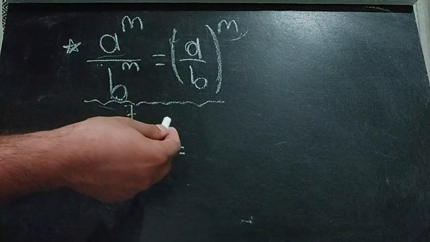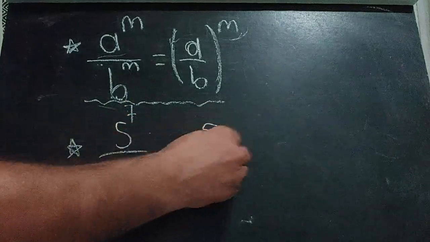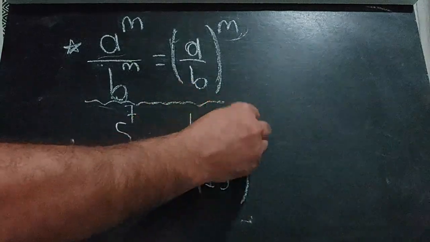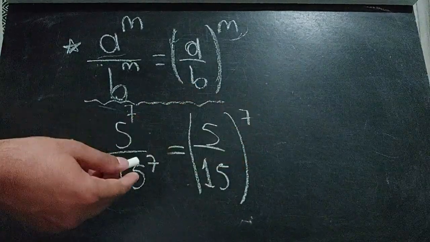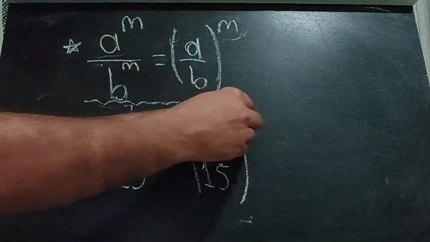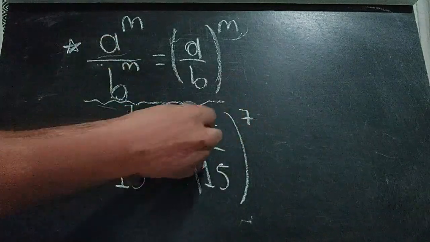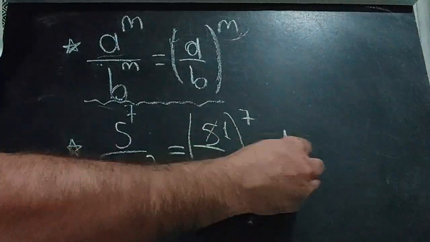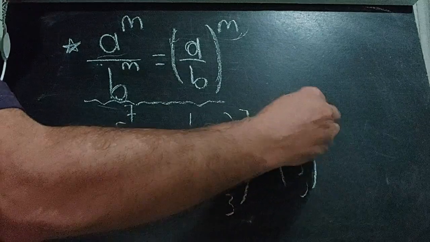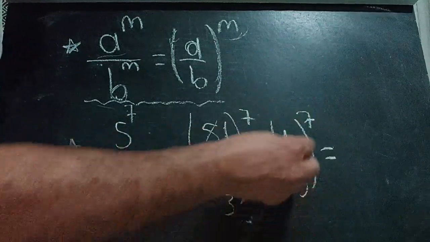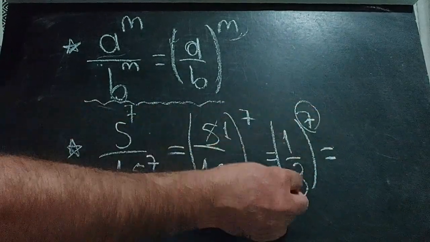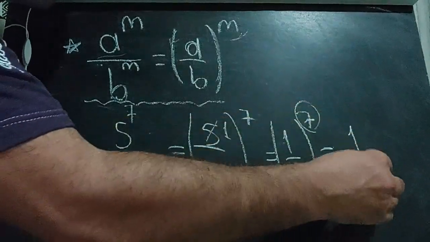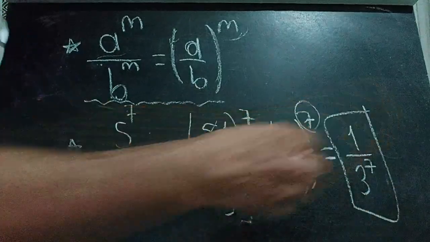It is easy to calculate like this. 5 over 15 power 7. There is another method too, but if you use this one, it is going to be easier. That will be 1, that will be 3, simplify to each other, which is going to be 1 over 3 power 7. And this one is power of 1 and 3. 1 power 7 is 1. And 3 power 7 is going to be 3 power 7.